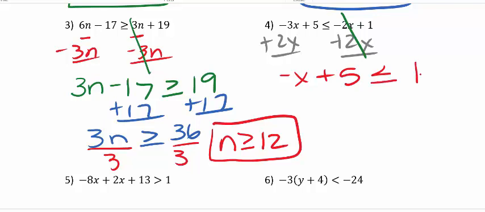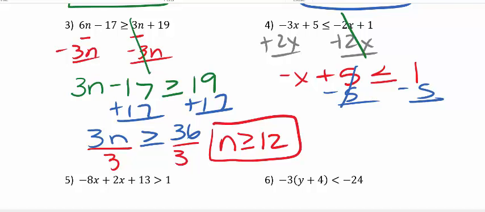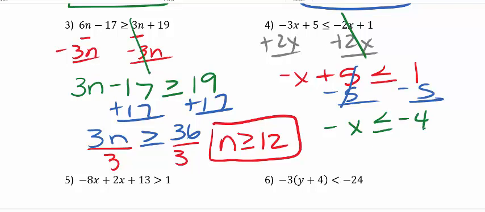Now we're going to move the 5 over, and we do that by subtracting 5 from both sides. 5 minus 5 goes away, and we bring down the -x less than or equal to 1 minus 5, which is going to be -4.